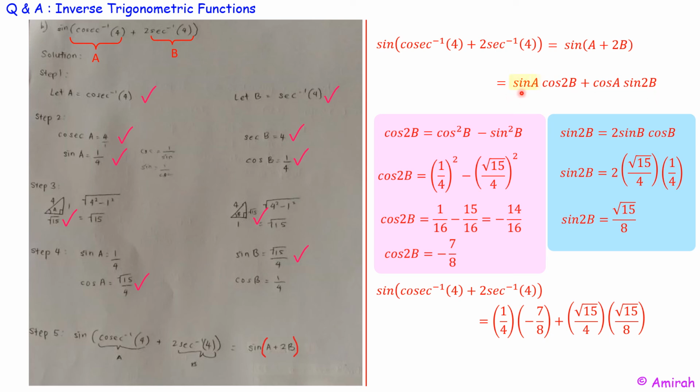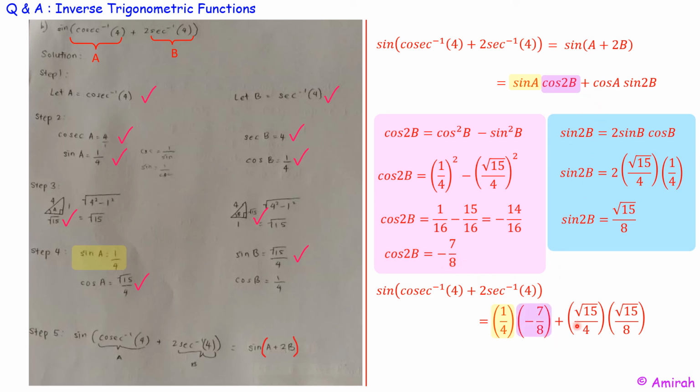So from here, we have sin A equals 1 over 4, so we put it here, and then times cos 2B. Okay, cos 2B equals negative 7 over 8 using the double angle identity. So we put it here, right?